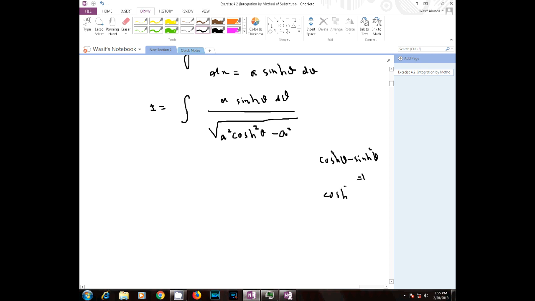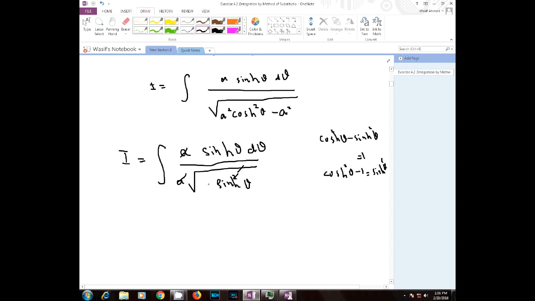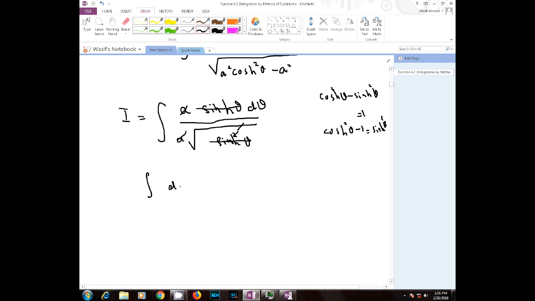Therefore cosh square theta minus 1 is equal to sinh square theta. So you have I is equal to a sinh theta d theta divided by, take a as common, you have cosh square theta minus 1, that is equal to sinh square theta. The square gets cancelled with the square root, a gets cancelled with a, and then sinh theta gets cancelled with sinh theta, and you're just left with d theta.